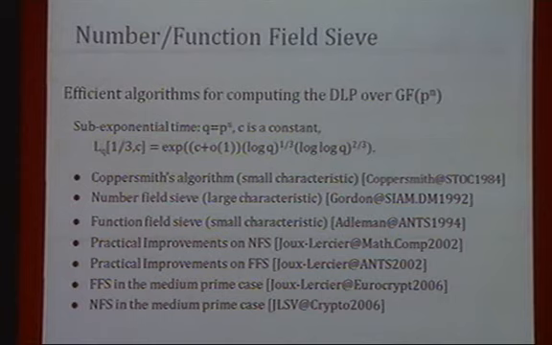Then we know that we can solve the DLP over any finite field at this speed. All algorithms have this asymptotic speed, with exponent 1/3 and some constant c, where we have q, instead of p, equal to p to the n.